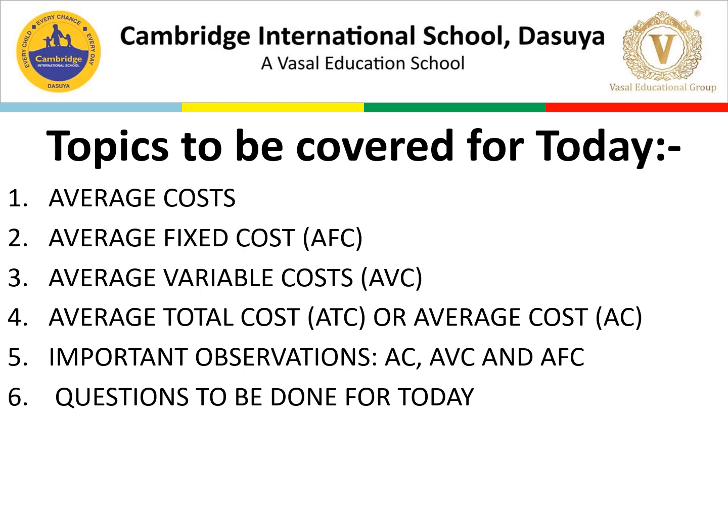In the end, we will discuss the relationship and important observations between AC, AVC and AFC. Then at the end, we will go through the questions we have to do today related to these topics.